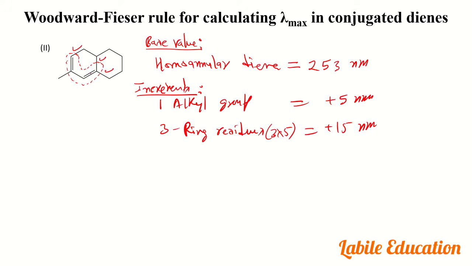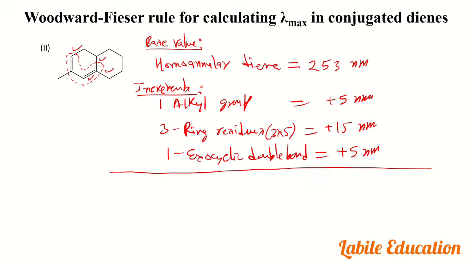No. Is there any exocyclic double bond? Yes, this double bond is exocyclic to the second ring. So there is only one exocyclic double bond that will contribute plus 5 nanometer. There is nothing else, so we can sum them up. So the calculated lambda max will be 253 plus 5, 10, 15, 20... 278 nanometer.